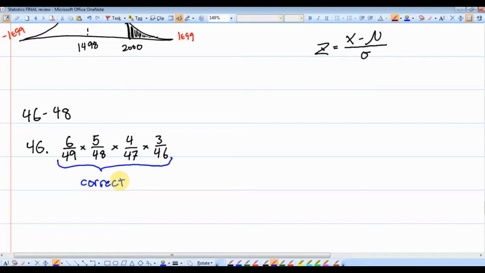There are 43, right? 43 wrong numbers. Why 43? Well, when we started off, we had 49 numbers. 6 of them were correct. There are 6 correct numbers and there are 43 incorrect numbers.